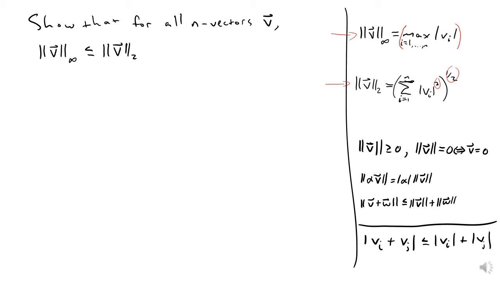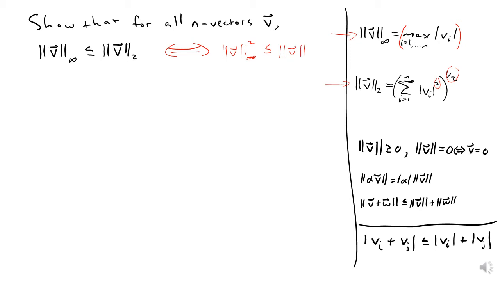Something nice I can do here is square both sides of this inequality, and the inequality is still true. So the infinity norm is less than or equal to the 2 norm if and only if the infinity norm squared is less than or equal to the 2 norm squared.